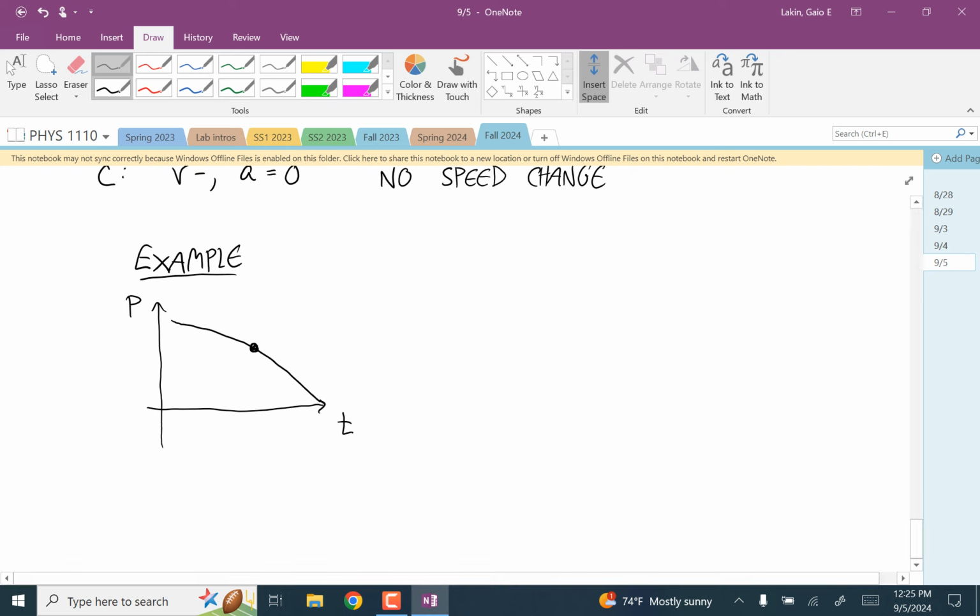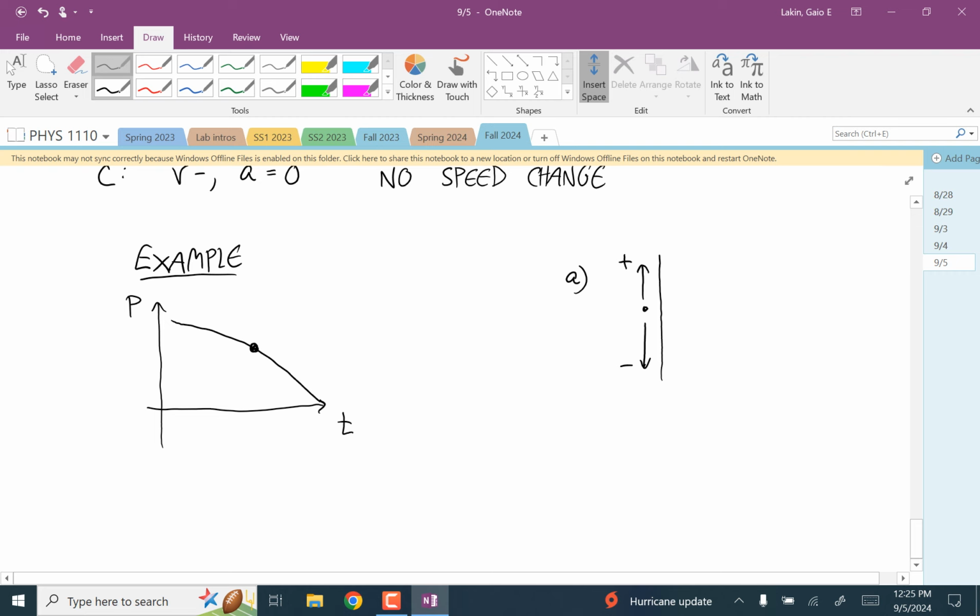And for part A, the object is moving along this vertical path, and we're calling the positive direction up, and that means the negative direction is down.